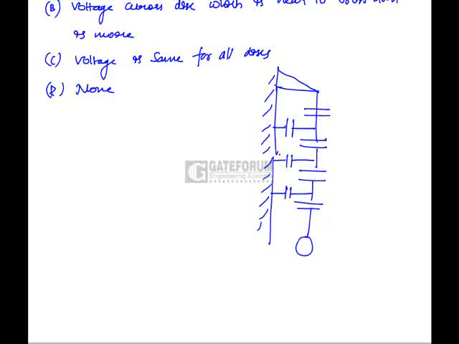If current I is flowing this way, there will be small leakage currents. Let us take the current flowing through this one as I1 and the leakage as I1 dash. Similarly, current through this is I2 with leakage I2 dash, and through this one I3 with leakage I3 dash.